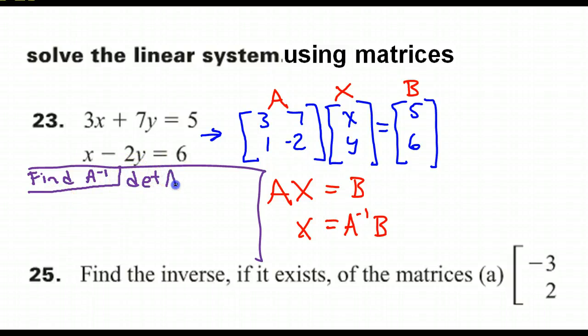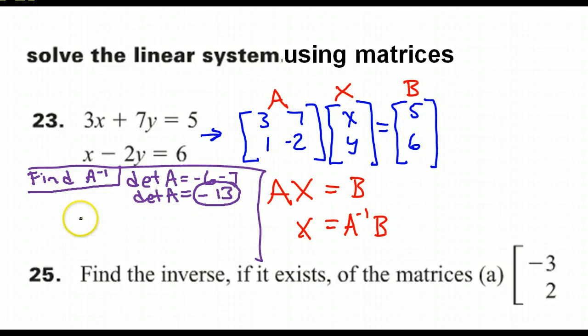The determinant of A is going to equal the down diagonal minus the up diagonal. So that's -6 minus 7. So that means that the determinant of A is -13. Keep that in mind.